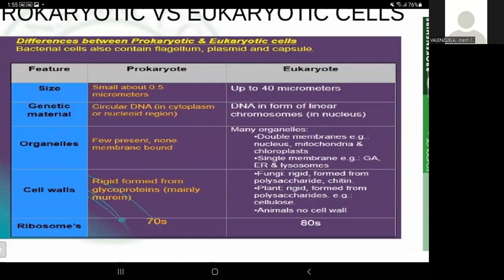The size is bigger, of course, for the eukaryotic cell. For genetic material, the DNA is circular in prokaryotes, linear for a eukaryote.